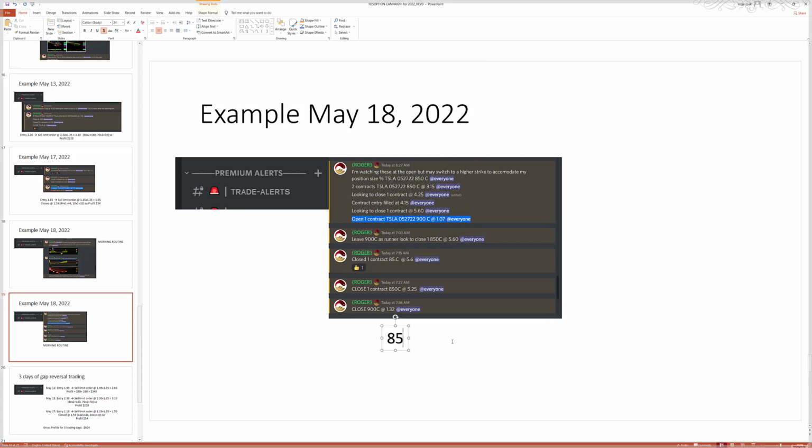That's the 850 calls on Tesla, and these are the contracts expiring next week. They're moving very smoothly, and the spread is not that wide.